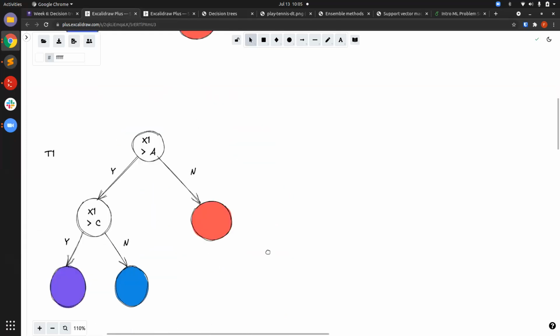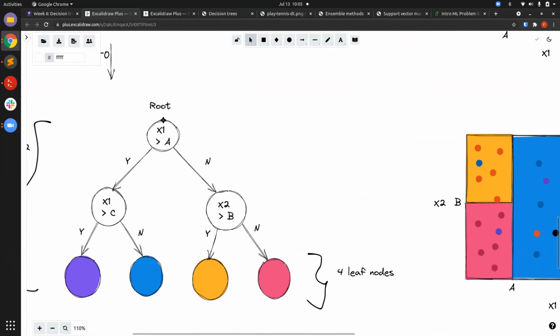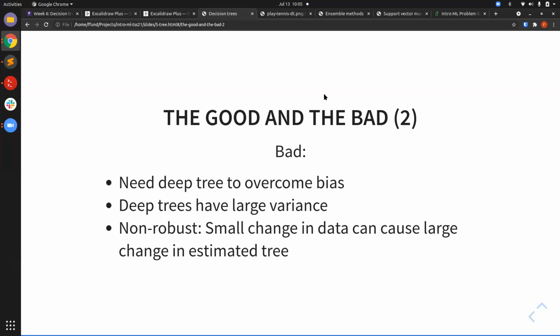Well, a small change in the training data, let's say if it affects what feature you use to split on at the root, you can see it will end up changing the entire tree. So trees in general tend to have high variance compared to other methods because a small change in the training data causes a large change in the estimated tree.